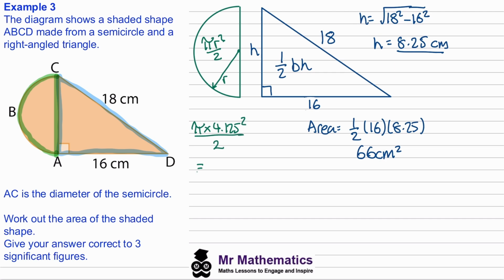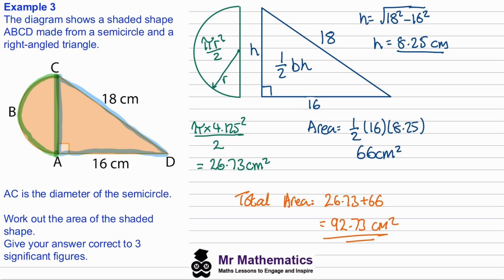And this works out as 26.73. So the total area will be the 26.73 plus the 66. And this gives us 92.73 centimeters squared.